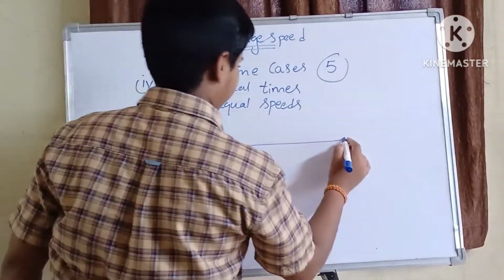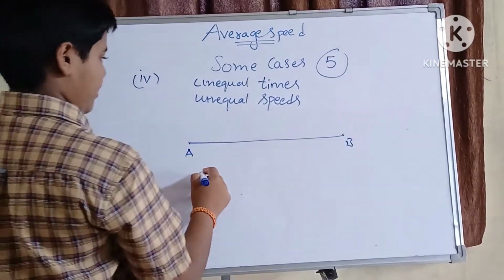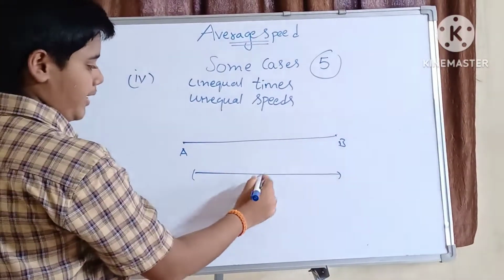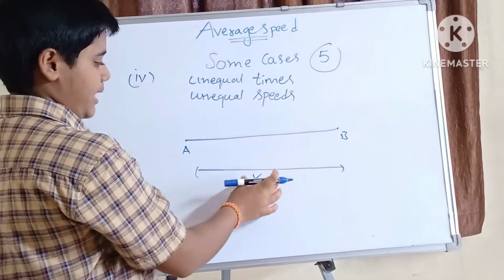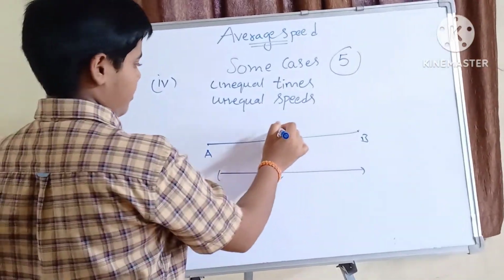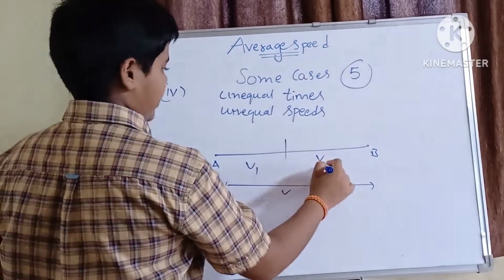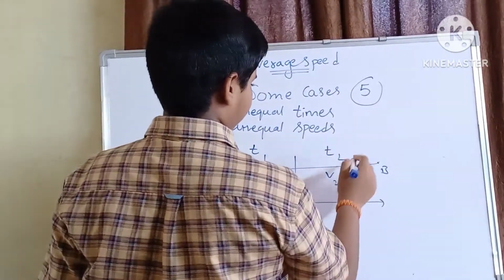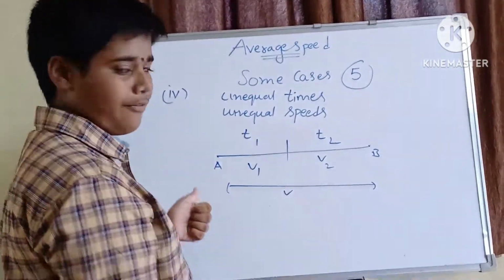So here I am taking this as point B and point A. The speeds are unequal, v1 and v2, and the times are unequal, T1 and T2. They didn't give distance, so we have to find V average.